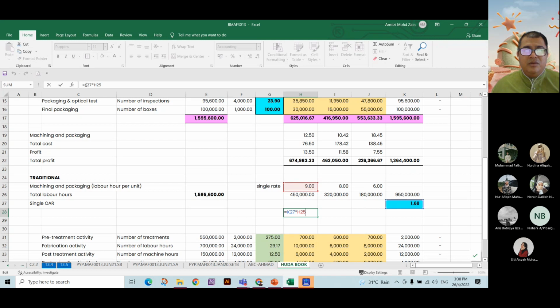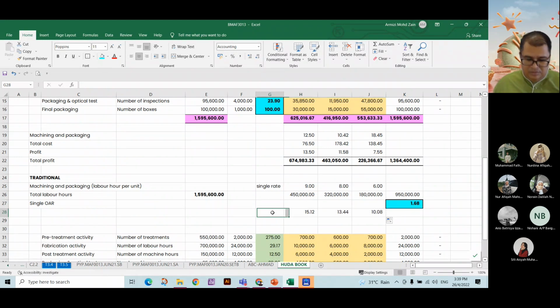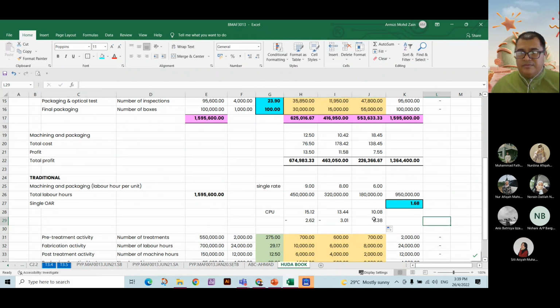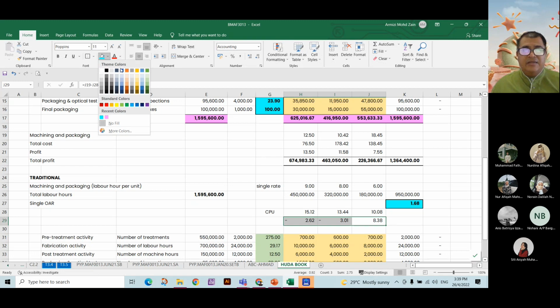So K ni you nak fixkan dia sign dollar. Okay. Ini dia punya rate dia. Dia punya cost per unit. Yang atas tadi kalau you nak buat comparison ni, yang atas dia ni 12.5, you nak compare sini. So ada beza. Ini perbezaan dia.